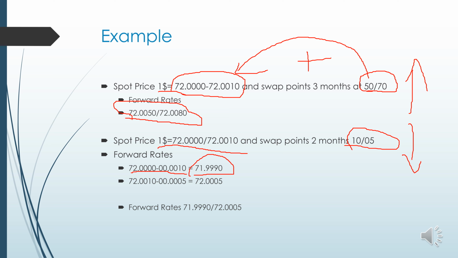Then from 72.0010 we deduct 0.0005, and we arrive at 72.0005. So the forward rates will be 71.9990 by 72.0005. In ascending order, we simply add the pips. If it's in descending order, we simply deduct the pips.